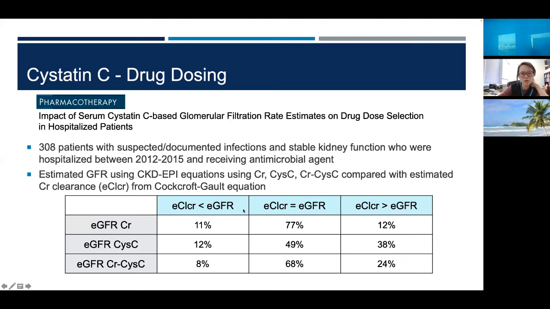If you base it off the eGFR using the CKD-EPI equations, anywhere between 8 and 12% of patients will actually receive a higher dose, and anywhere between 12 and 38% will actually get a lower dose of medications. So it is quite different depending on whether you use the Cockcroft equation or the CKD-EPI equation to calculate the estimated GFR.